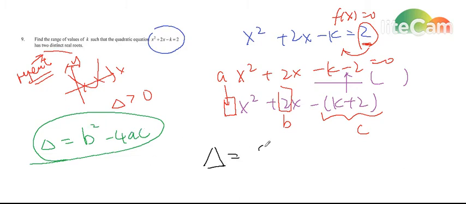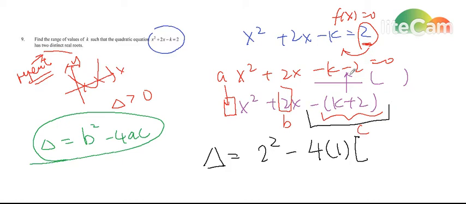So the b is 2 squared minus 4. A here is 1x, so that it is 1. And then we have the c. C is the whole constant value. So it is negative k plus 2, this one.